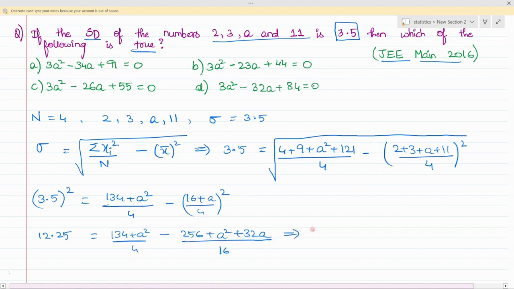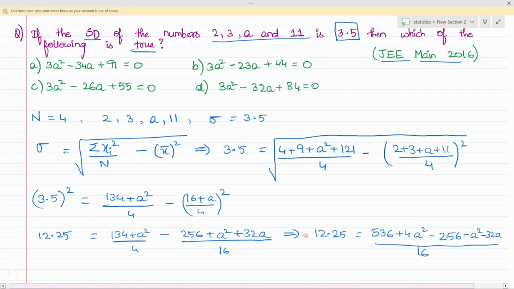Take LCM, you will get 12.25 is equal to 536 plus 4a square minus 256 minus a square minus 32a upon 16.